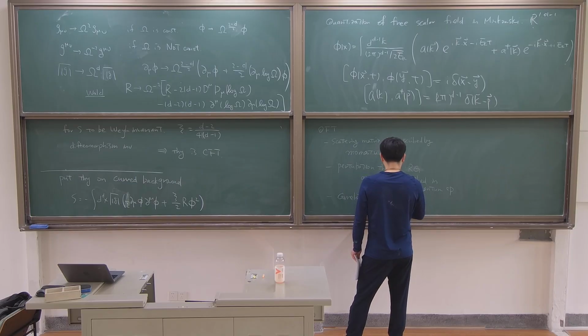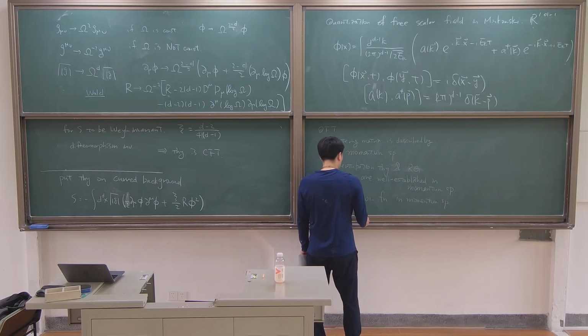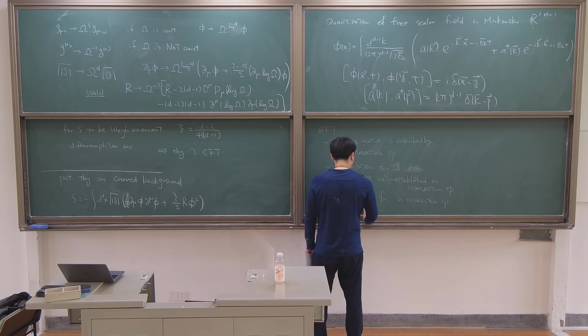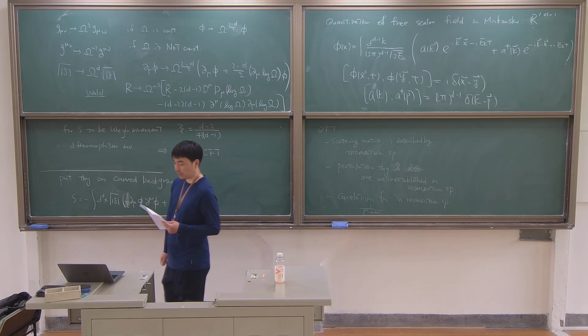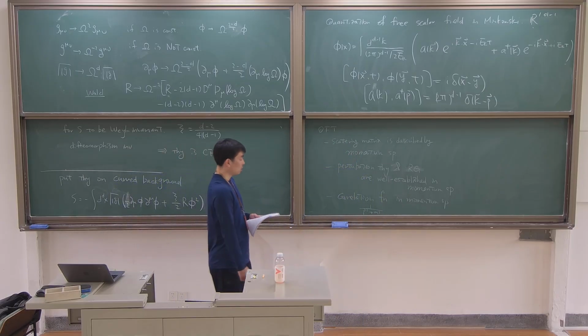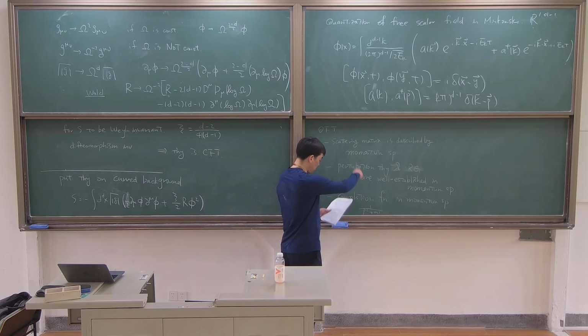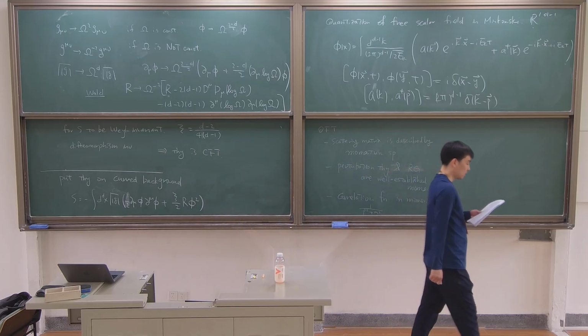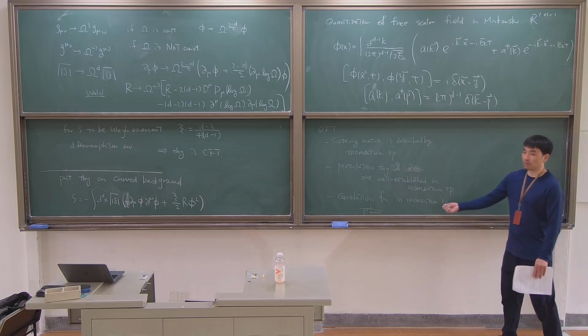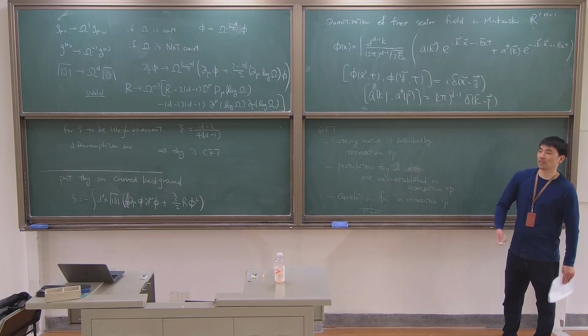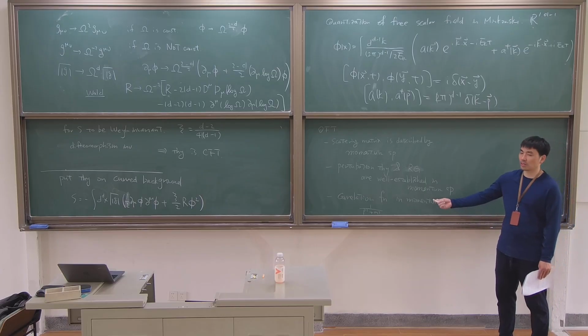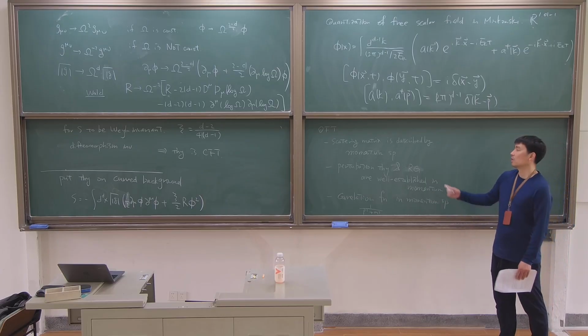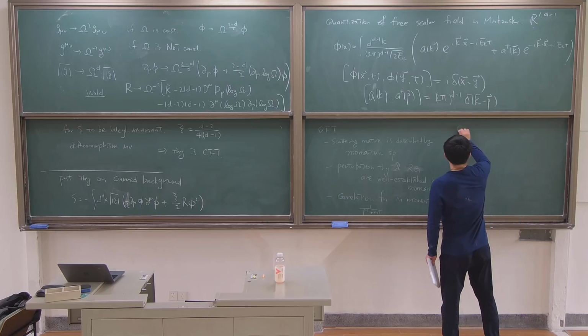For instance, the two-point function for a scalar field is always written like this, with p squared plus m squared. Everything is in momentum space, and if you go to coordinate space, you have to use its Fourier transformation, and then if you integrate out, you get some special function, a Bessel function, and so on, which is much more difficult.